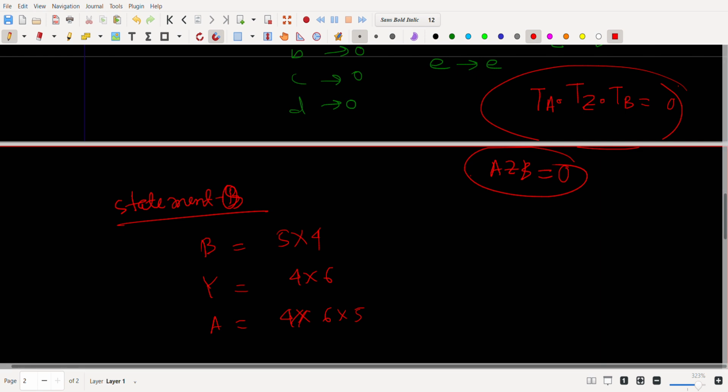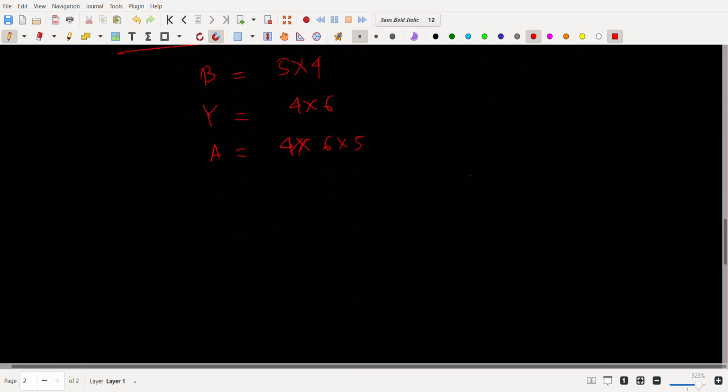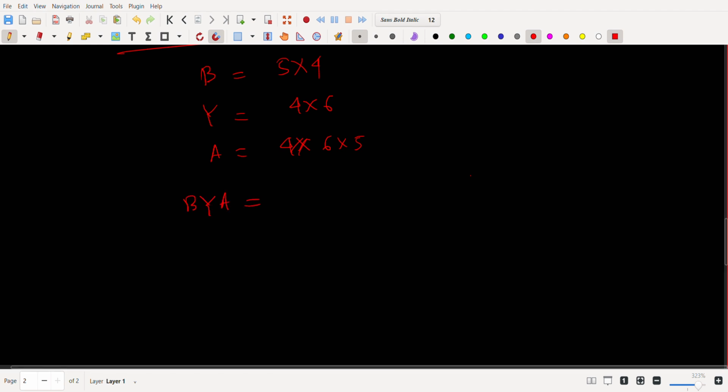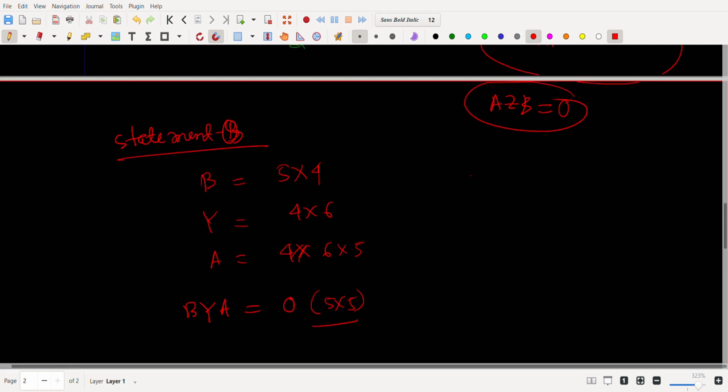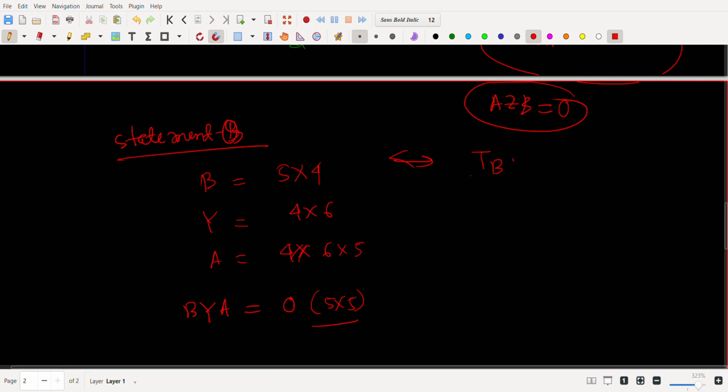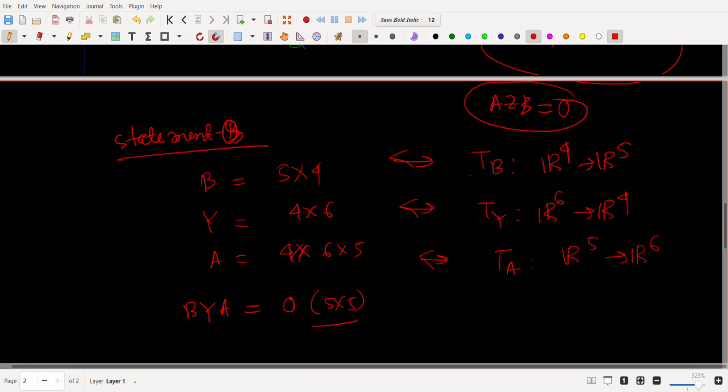Then BYA is the 0 matrix, 5 cross 5. Now do the same thing, take its linear map. So TB is R4 to R5, TY is R6 to R4, and TA is R5 to R6.